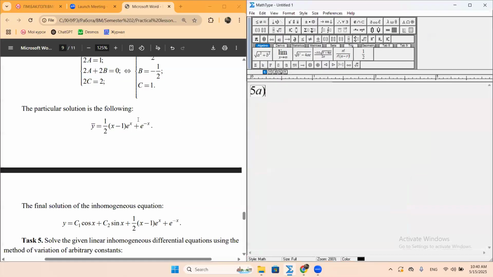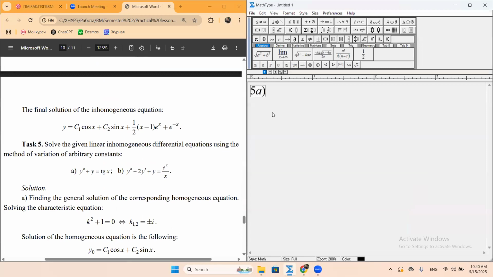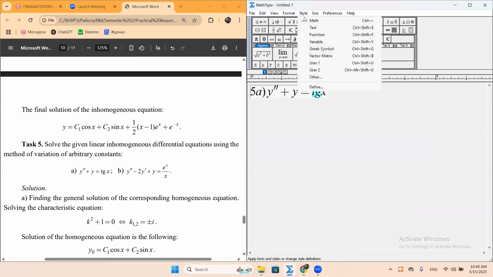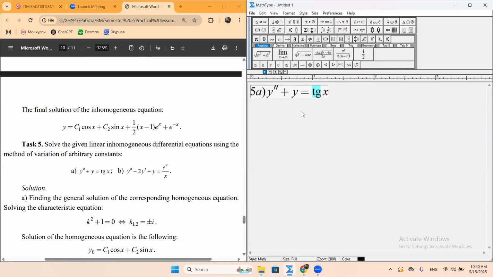So 5a. We will have to solve the linear inhomogeneous differential equation using the method of variation of arbitrary constants. Why will we use it? Because here we do not have a special kind of left part or right part.